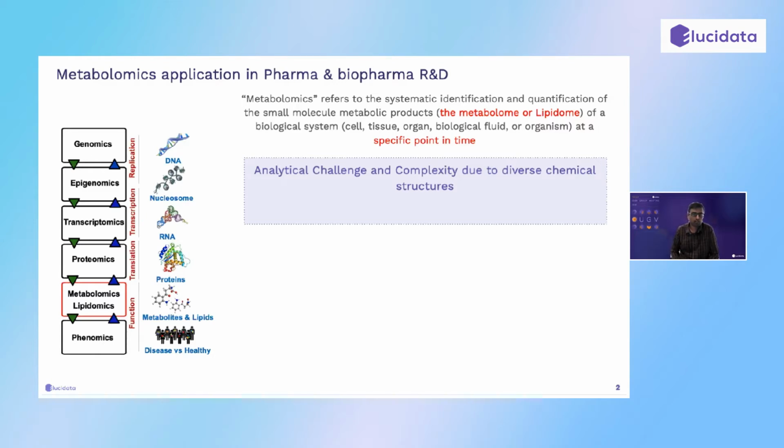Well, we quickly realized that there are a couple of challenges here. There is an analytical challenge and complexity due to the diverse chemical structures of these metabolites. And not only that, there is also the challenge of faster data analysis to reach ultimate biological insights.